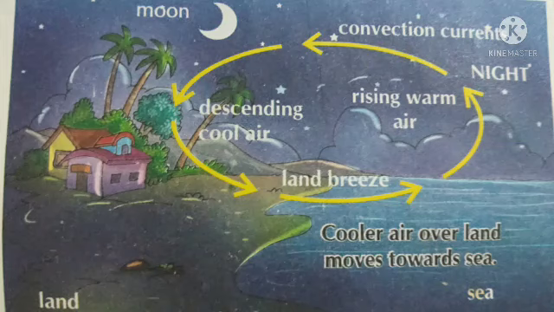Okay, and now we can discuss the land breeze. The land breeze mainly occurs at night time. Why? Because land loses its heat faster than the sea. So at night the land cools faster than the sea water. So the air above the sea, being warmer, rises up.